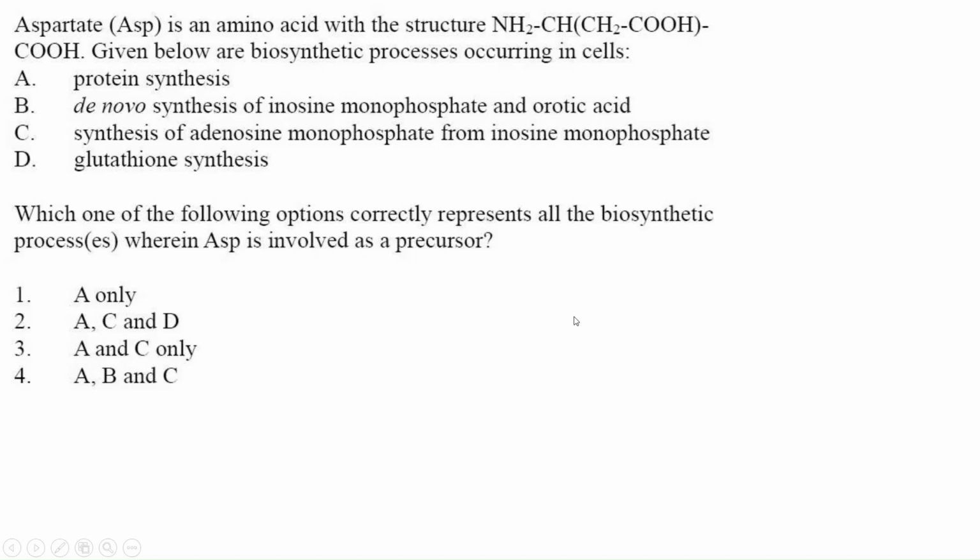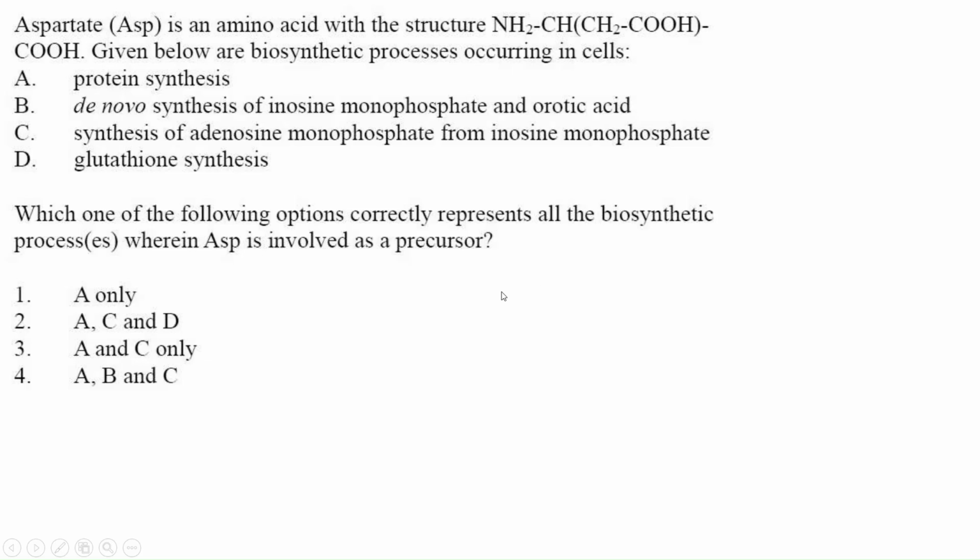Now, on to the third and final question. Aspartate is an amino acid with the following structure. Given are the biosynthetic processes occurring in the cells. A is protein synthesis. B is de novo synthesis of inosine monophosphate and orotic acid. C is synthesis of adenosine monophosphate from inosine monophosphate.